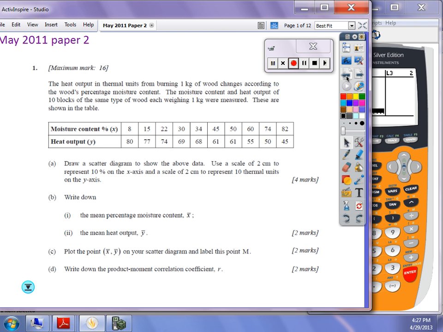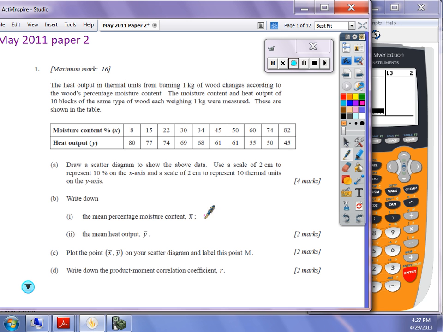So what you need to do is go to Stat, Edit, hit Enter, and in L1 list the values of X, and in L2 list the values of Y. And then you'll be doing Stat, Calculate, and you'll be calculating two variable statistics because you've put in an X variable and a Y variable. And you'll see that the mean of the X values is equal to 42, and the mean of the Y values is equal to 64.